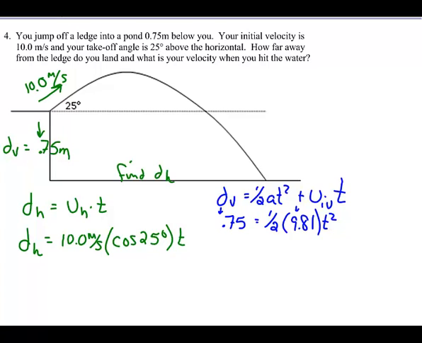Acceleration is down. Vertical velocity is going to be the velocity times the sine of the angle times time. And initial velocity is up. So I want to make sure I get my signs in correctly.